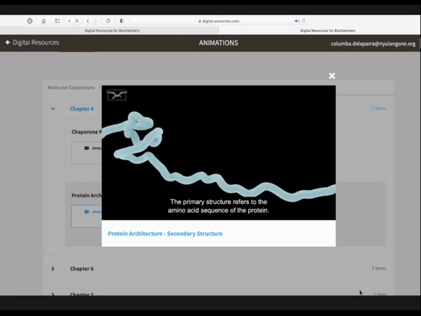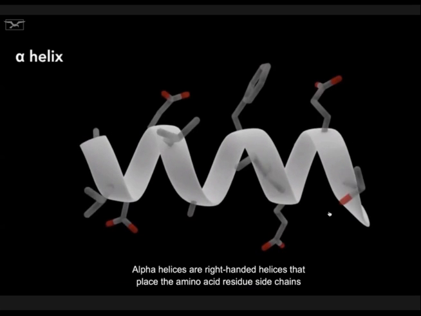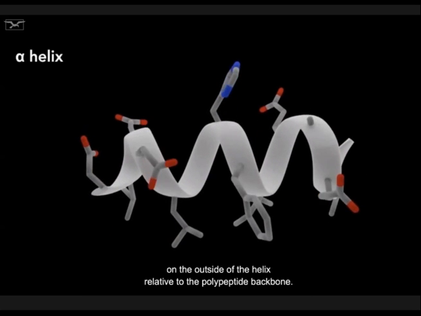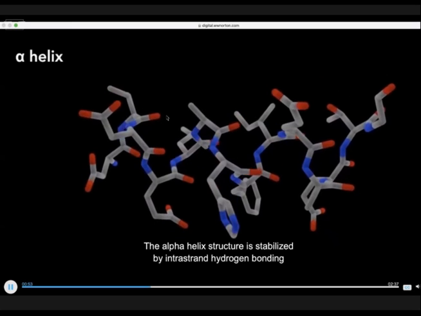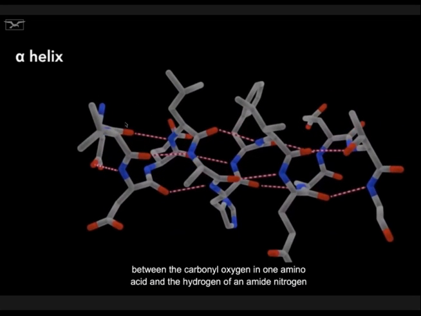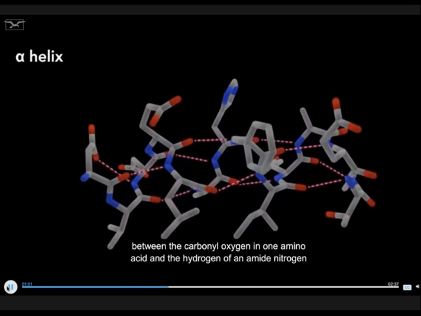Almost all proteins contain combinations of 3 secondary structure elements: alpha helices, beta strands or sheets, beta turns, and loops. Alpha helices are right-handed helices that place the amino acid residue side chains on the outside of the helix relative to the polypeptide backbone. The alpha helix structure is stabilized by intrastrand hydrogen bonding between the carbonyl oxygen in one amino acid and the hydrogen of an amide nitrogen on an amino acid 4.